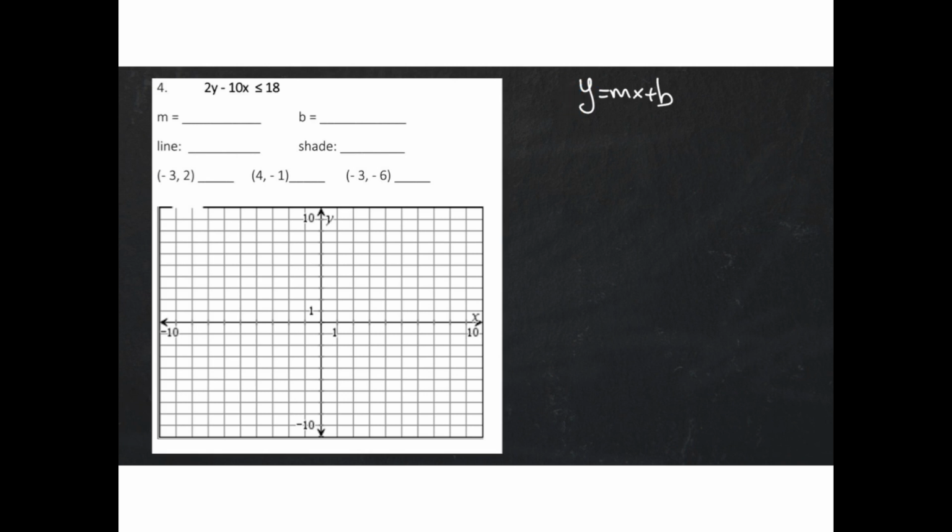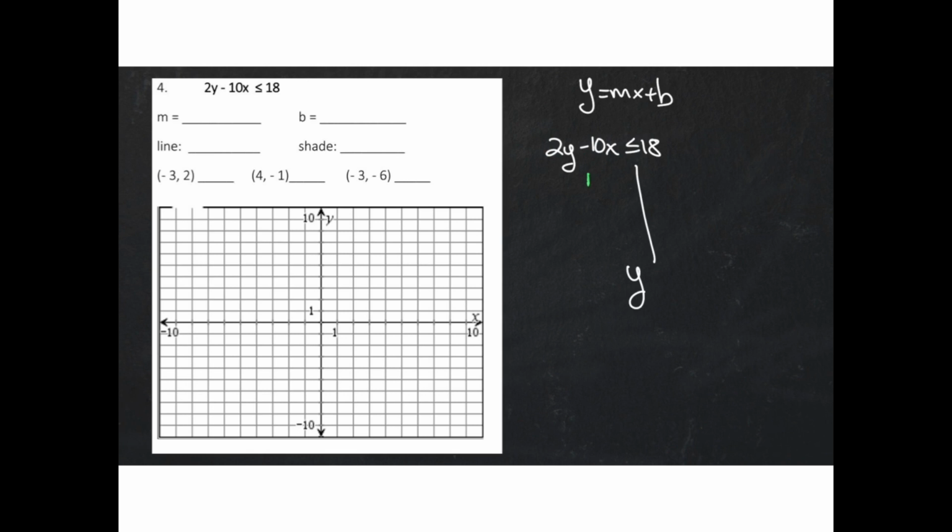We're going to take our inequality, 2y minus 10x less or equal than 18, and we are going to have to isolate y. Leave the y alone. Okay? How are you going to do that? Well, solving. We need to cancel the 2. We need to cancel the 10x, but the 10x goes first.